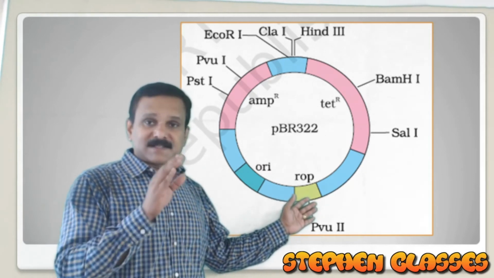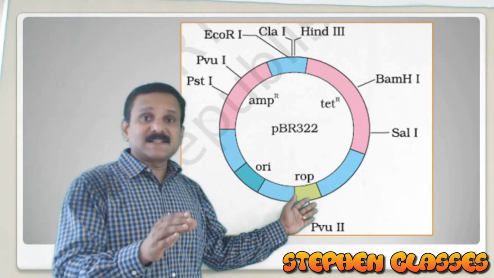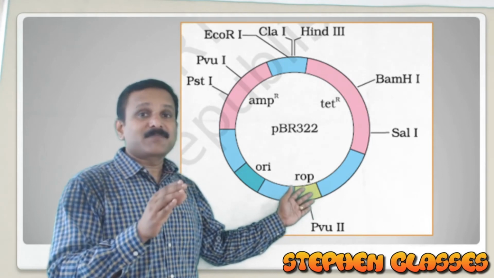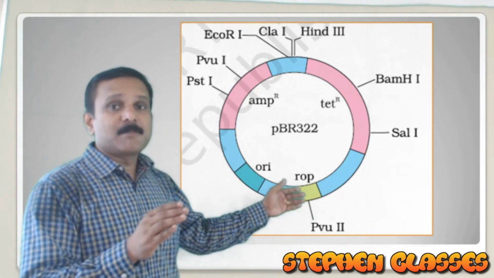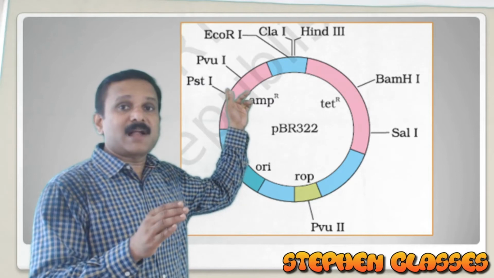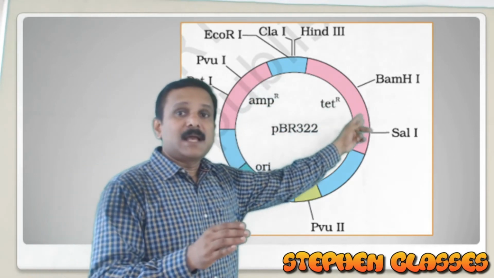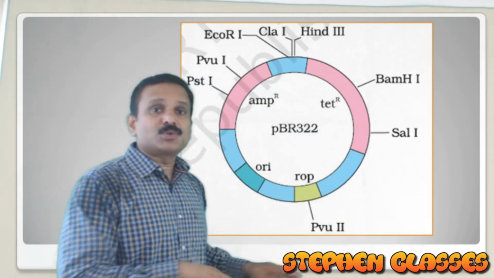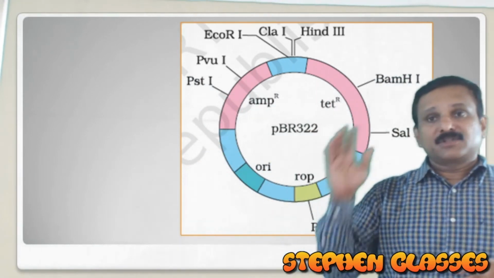ROP is the sequence which codes for proteins required for replication of the plasmid. And you can see the cloning sites over here: PstI, PvuI, EcoRI, ClaI, HindIII, then BamHI, SalI, and PvuII. All these are cloning sites present in pBR322.